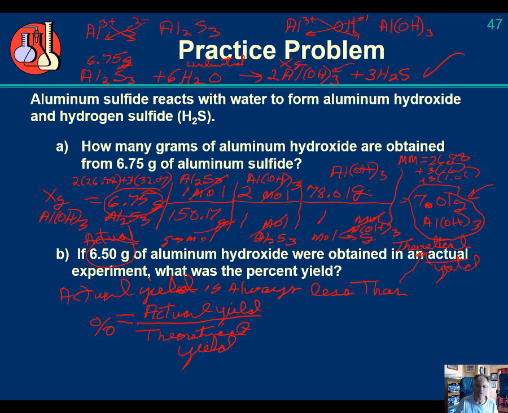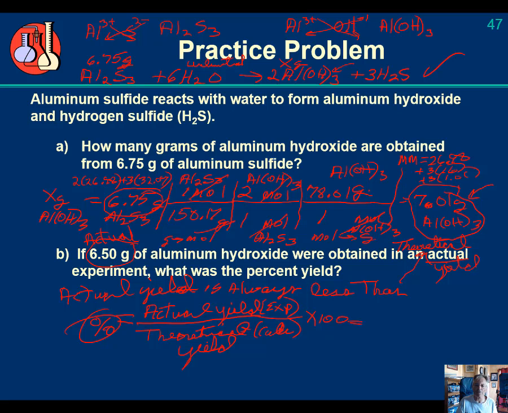Actual yields are always experiment. So this is always experiment. This is always calculated. Okay, so you're always going to calculate the theoretical yield. You will be given, or you will go into the lab and you will determine the actual yield by experiment. And then you're going to multiply times 100 to get it into percent.